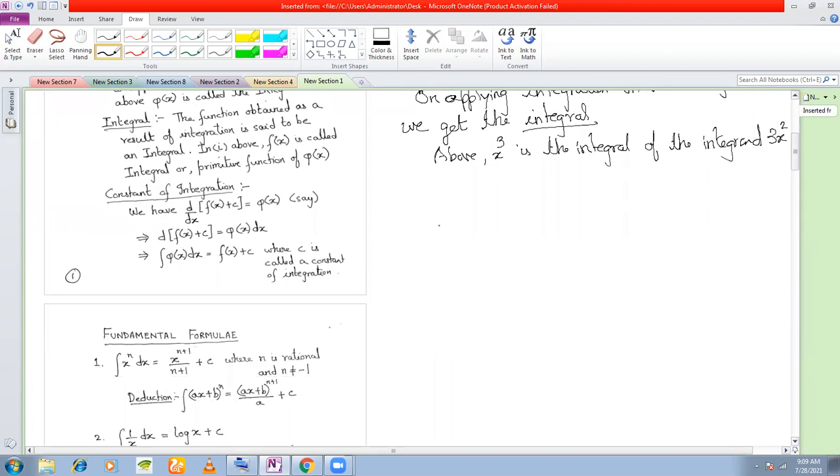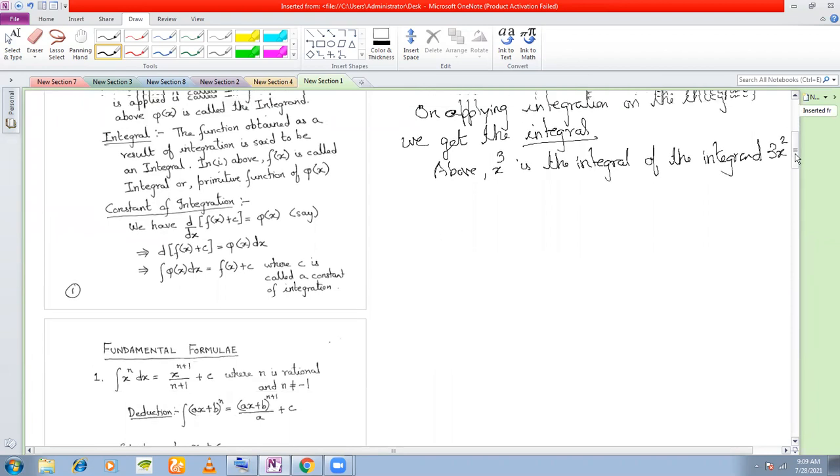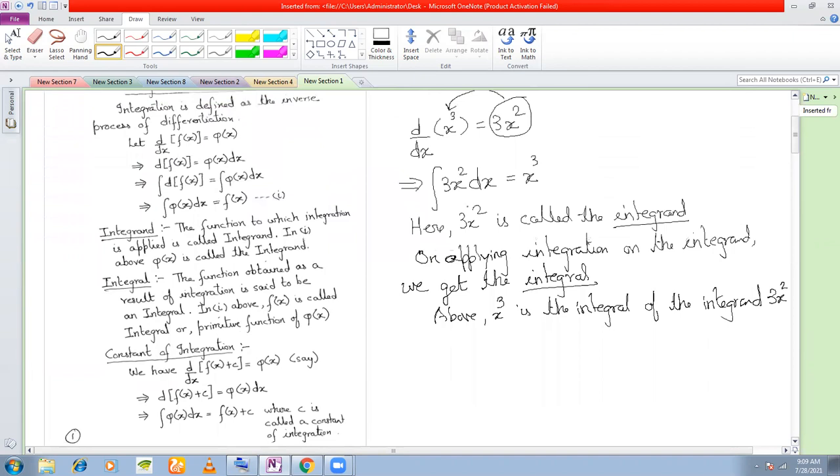Next is constant of integration. Now see here, I have applied differentiation here. d/dx of x cube is equal to 3x square. Now what if I had a function like x cube plus c? What should be my answer? My answer would have been 3x square, isn't it?